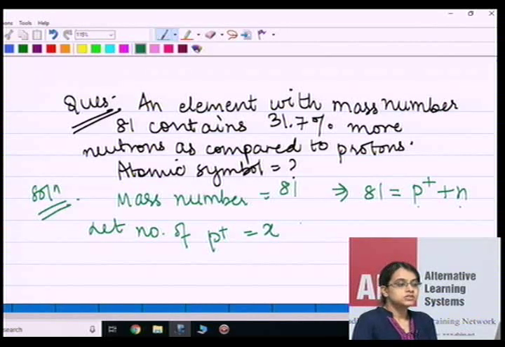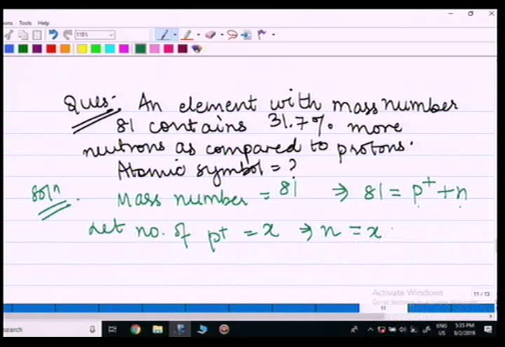Then the number of neutrons would be x plus 31.7% of x, because we're given that the number of neutrons is 31.7% more, which is 31.7 by 100 of x.